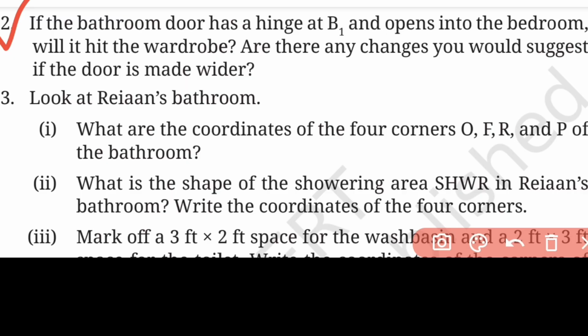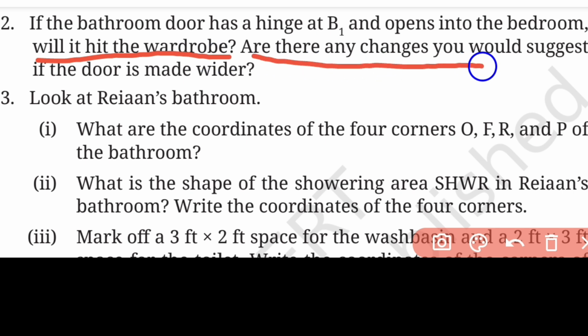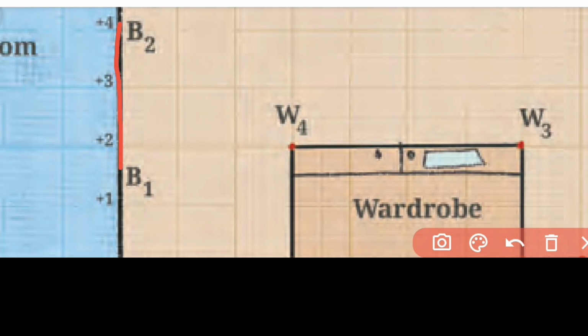Question. If the bathroom door has a hinge at B1 and opens into the bedroom, will it hit the wardrobe? Are there any changes you would suggest if the door is made wider? This is the bathroom door. So here the width of the bathroom door is 2.5 units.